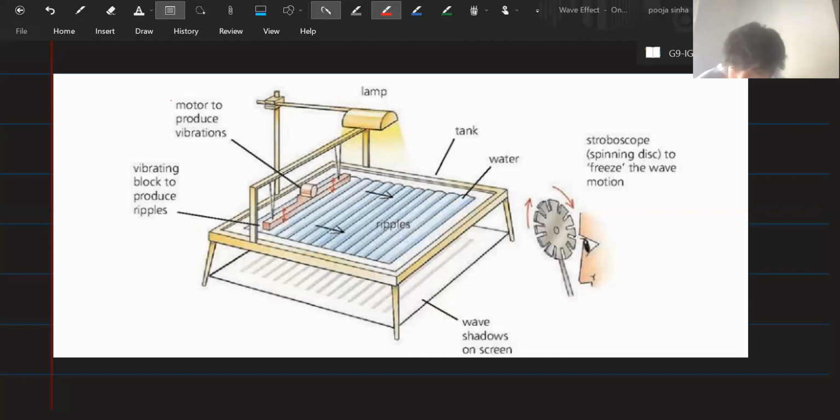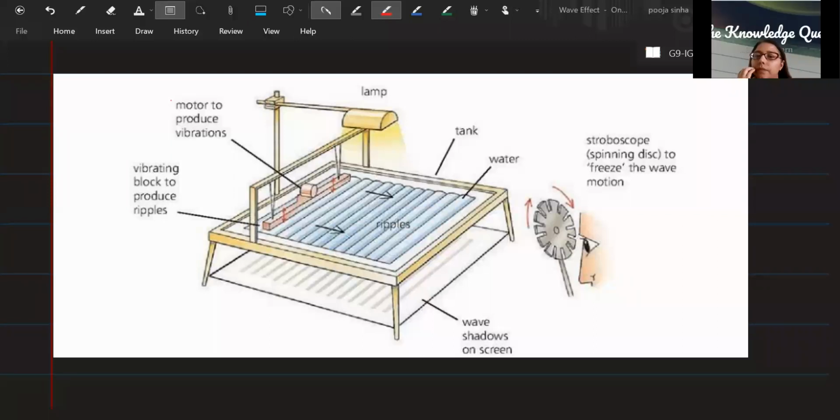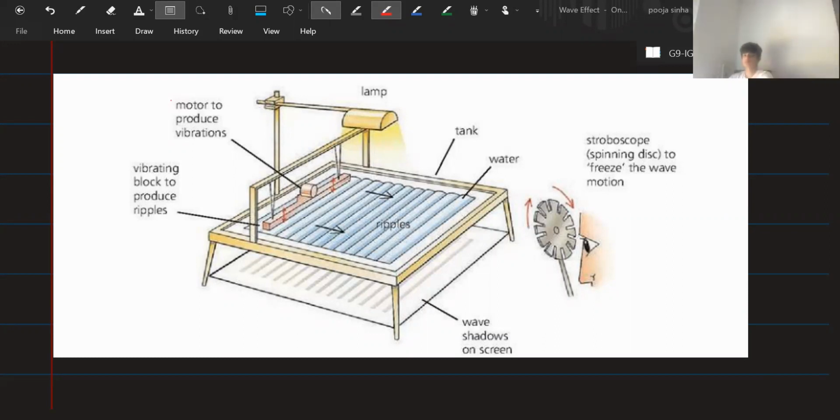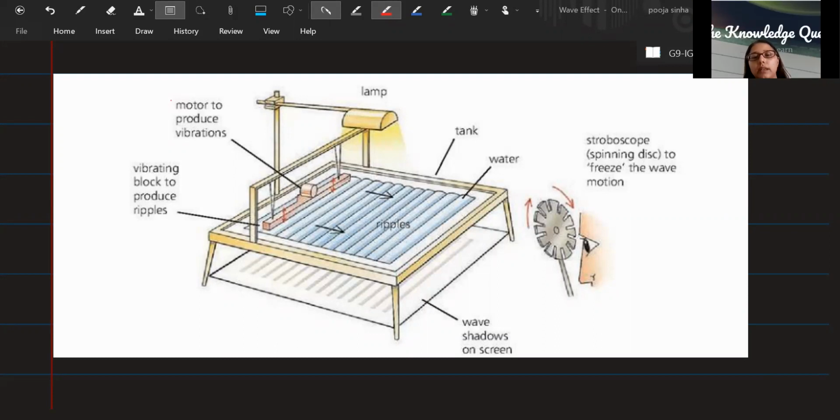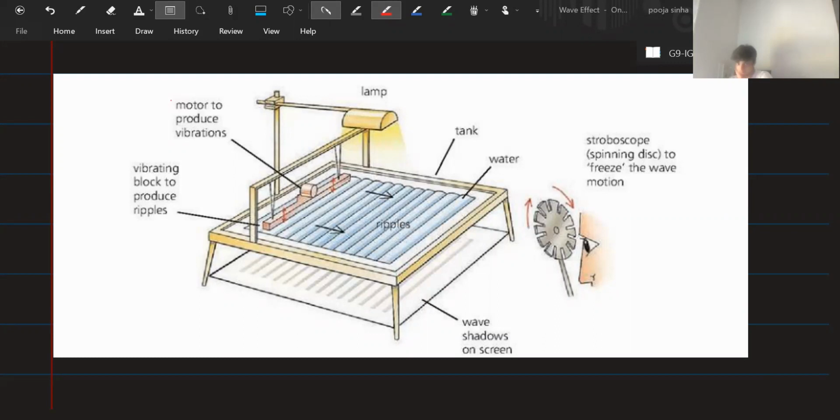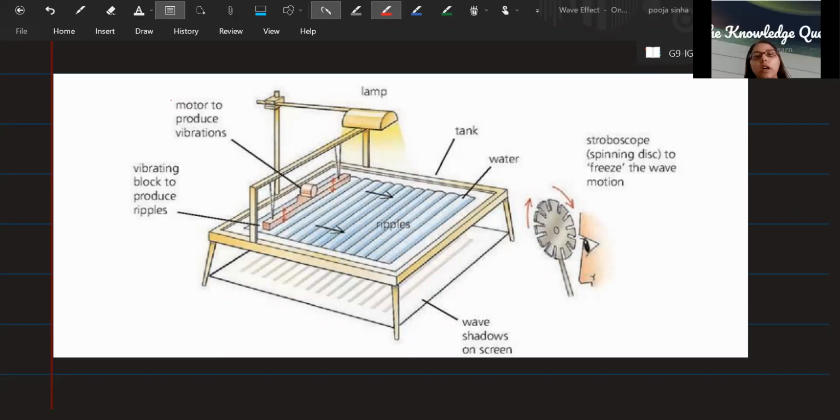Then there is a person who is observing something. He is observing the ripples, and below, a wave shadow on the screen. He observes through a spinning disc called a stroboscope.